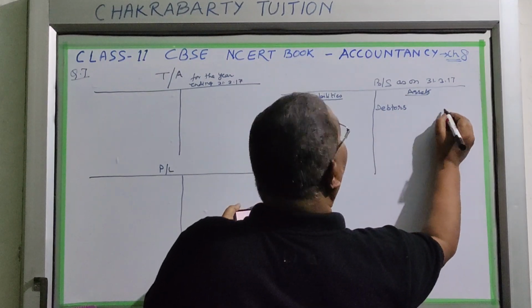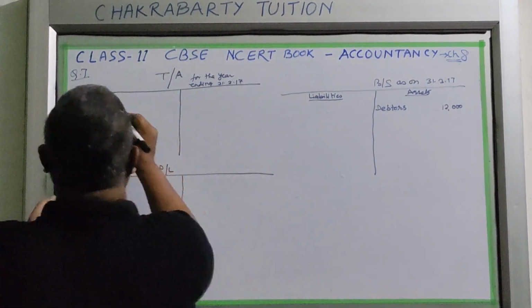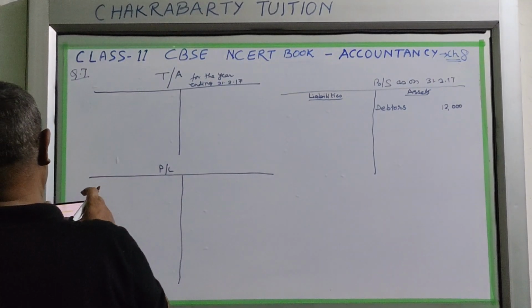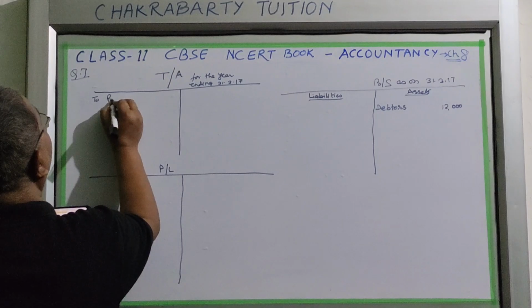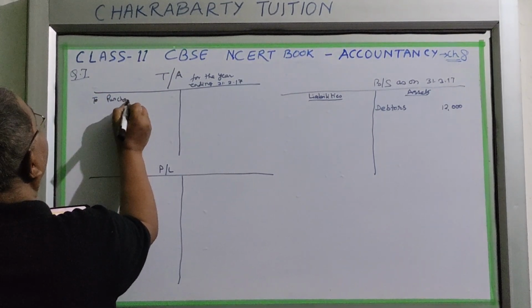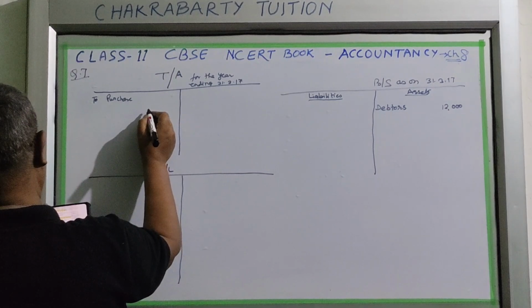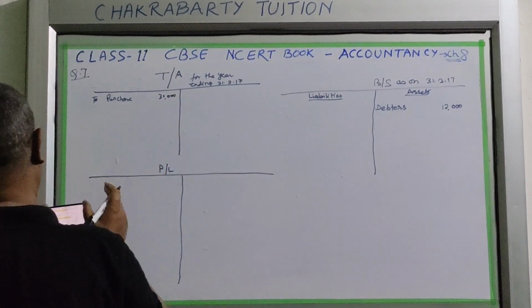Debtors is 12,000. The second item is purchase. You are always writing purchases here, so purchase 30,000.